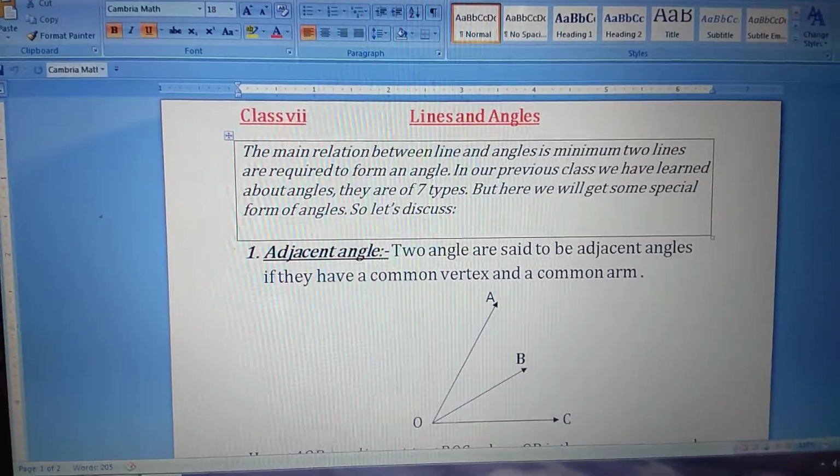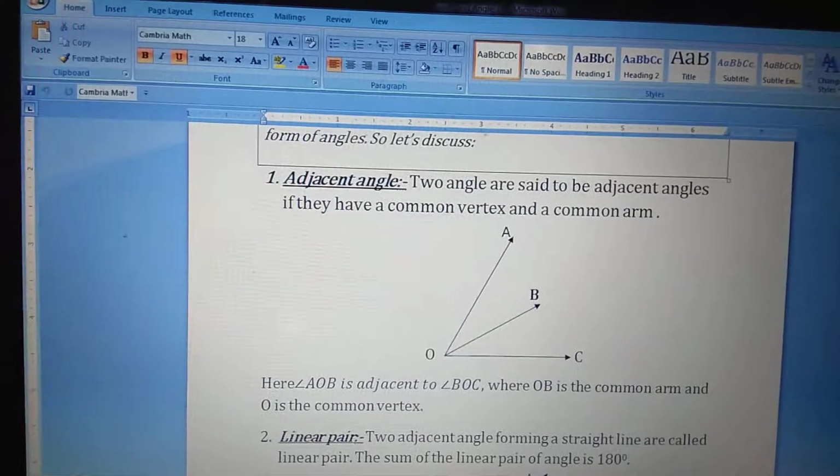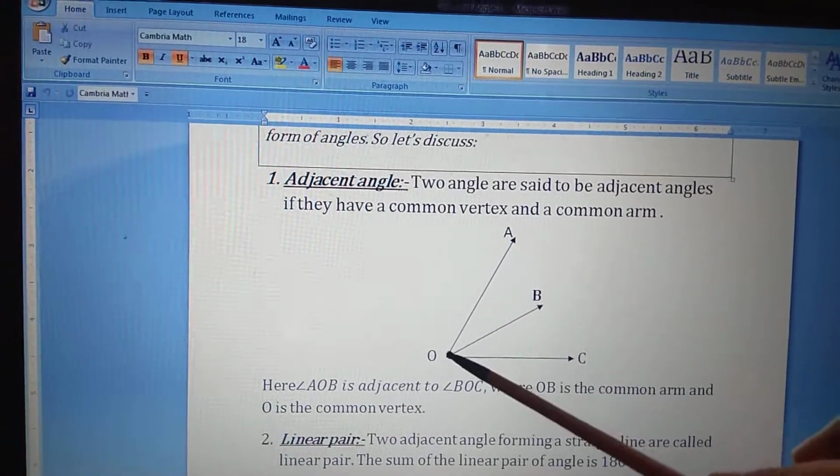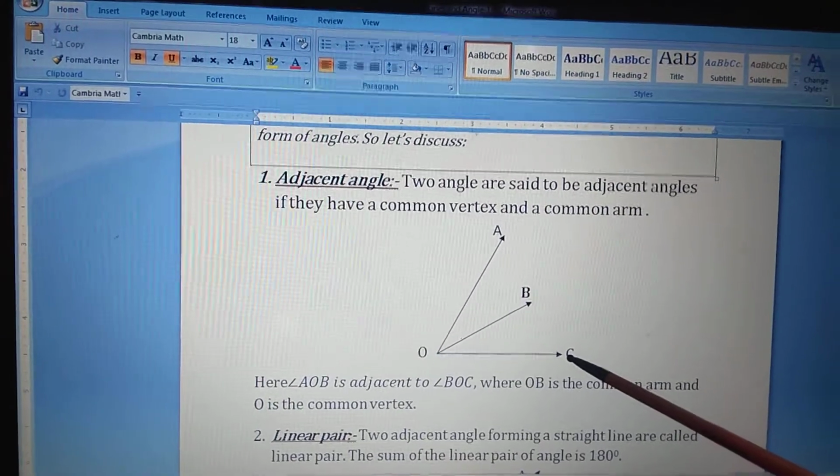What we can see in the figure, there are two adjacent angles. So which two are adjacent? AOB and BOC are adjacent. Why?